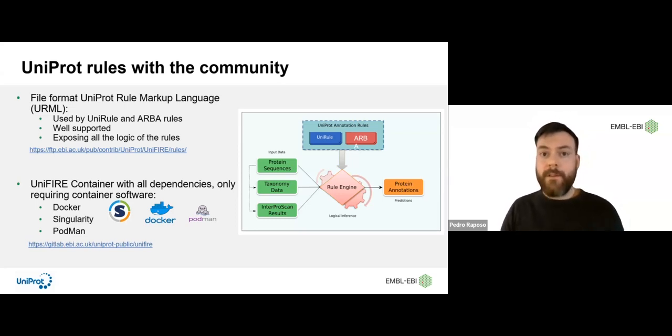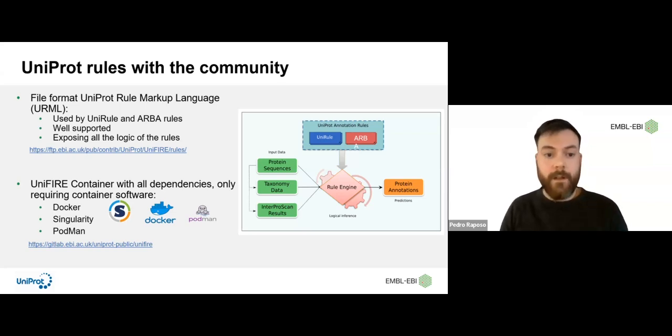Then the rule engine, using UniRule and ARBA rules, would predict the annotations for each protein. Now, Unifier requires several tools and dependencies to be installed, but you don't need to install it manually because we provide Unifier as a container, which you can think of as a folder with all the software required to run. You just need container software such as Docker, Singularity or Podman.